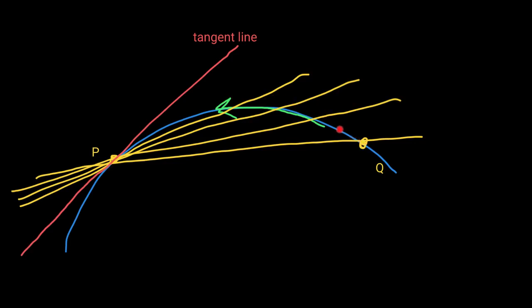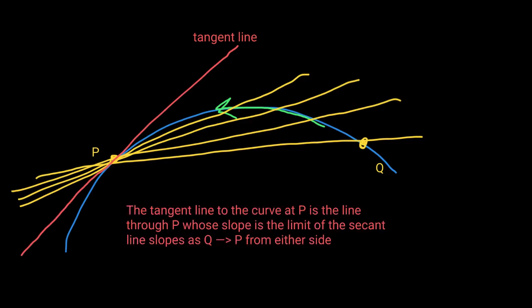So the limit of the slopes of these secant lines as Q approaches P. All right, very good. Now keep in mind, we will formally define or clarify this limit idea in a further lesson.